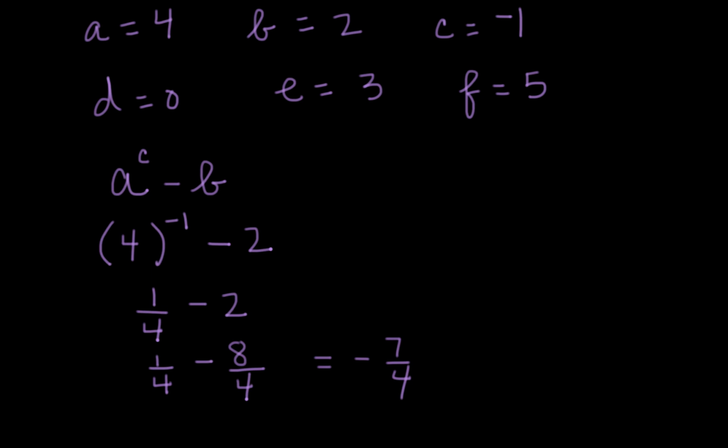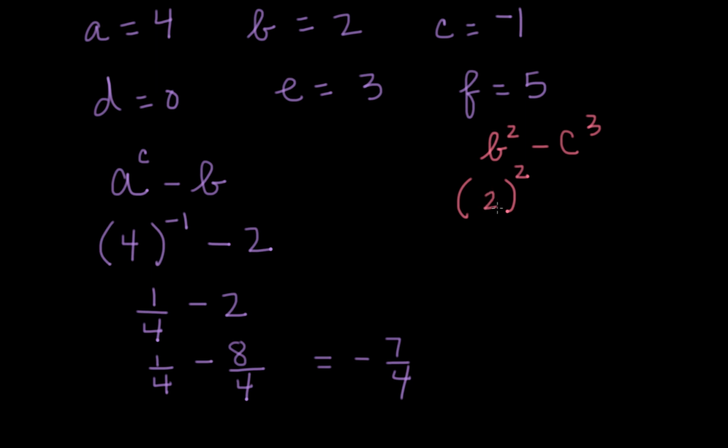So this time we have b squared minus c cubed. B squared minus c cubed. Remember, we're going to open parentheses for the variable when it is receiving a power.